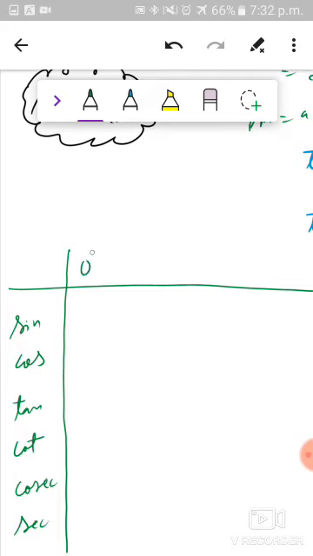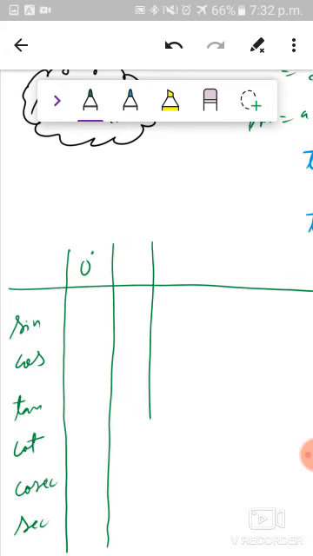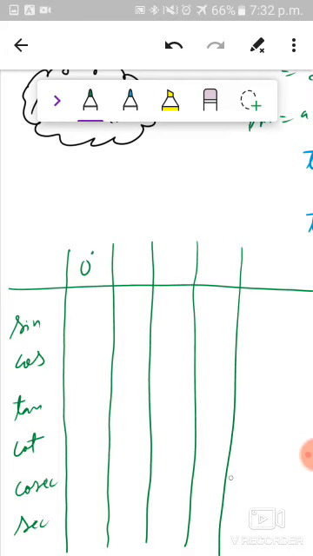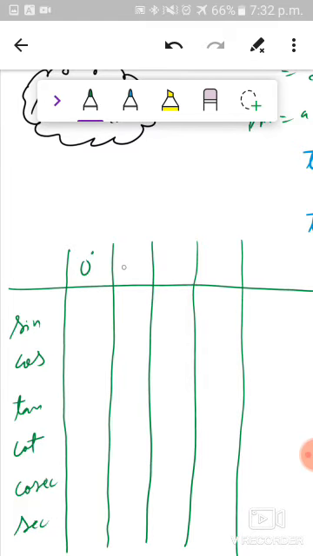So this is for 0 degree, 30, 45, 60 and 90. Okay, this is the easy way.